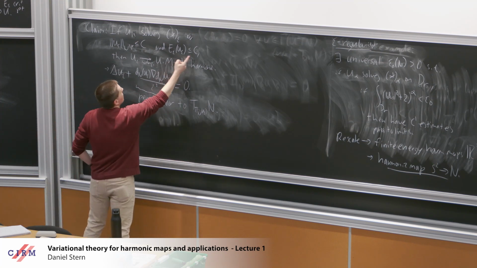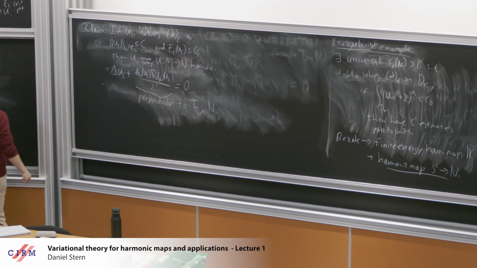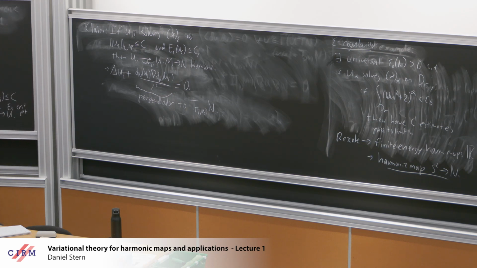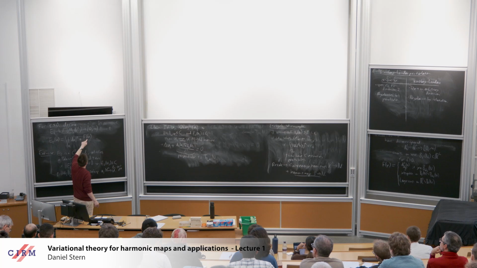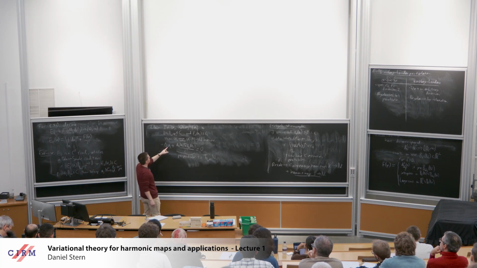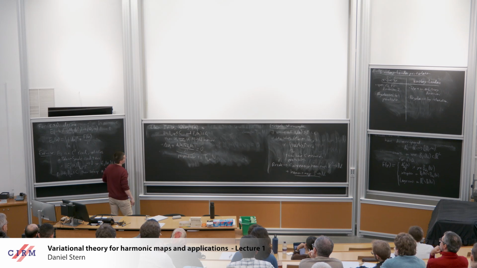So the boundedness of the energy means that distance squared of u_epsilon over epsilon squared is going to be bounded, which means that in an integral sense at least, u_epsilon is converging to a map which has to take values in N, otherwise this would be going to infinity.